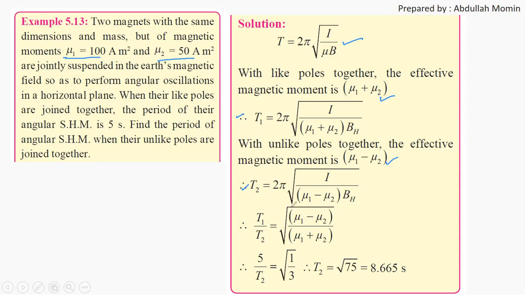Dividing these two equations, we will get root of mu1 minus mu2 upon mu1 plus mu2. When mu1 minus mu2 is 50 and mu1 plus mu2 is 150, that is 1 by 3, and T1 is 5 seconds. So T2 can be written as root 75, that is 8.665 seconds.